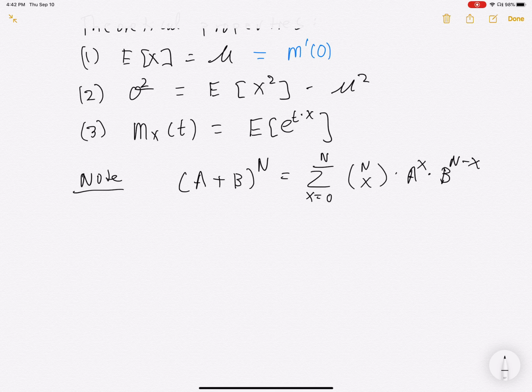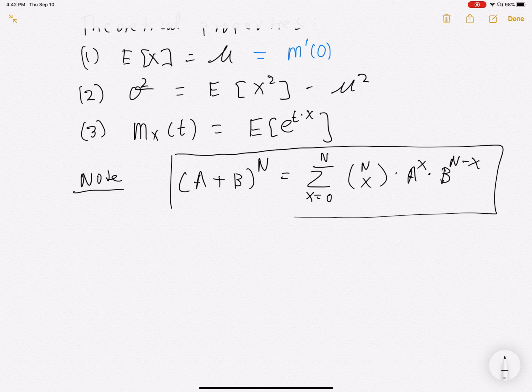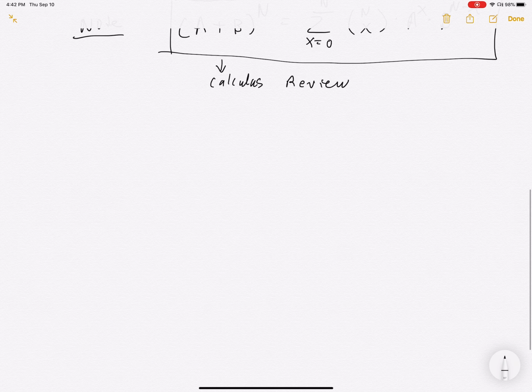That's a fact that was on our calculus review. It's also called the binomial expansion or binomial theorem. Okay, so let's start with the moment generating function.